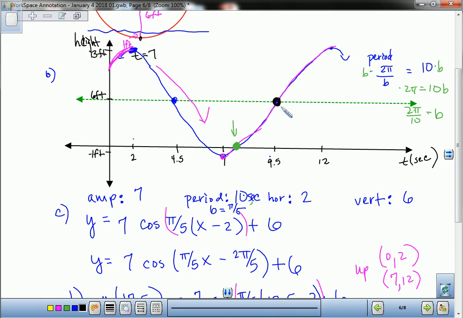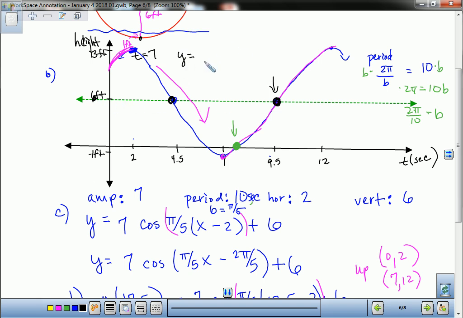But if we were going to do sine, I would shift to here. Or you could start here and do a negative sine. You could also move it left, started here. That's another possibility. So we would start in any of those places.